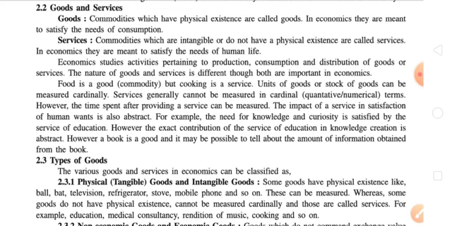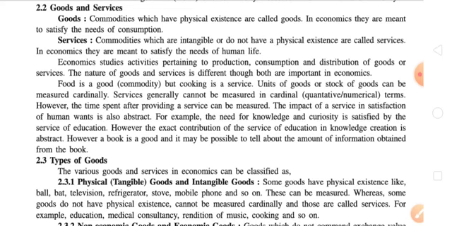We need proper production planning, a consumption pattern in which we consume these goods, and distribution of goods which will be helpful in getting satisfaction. The nature of goods and services is different, as we have already discussed: goods have physical existence while services do not, but both are important in economics and in our routine life also.